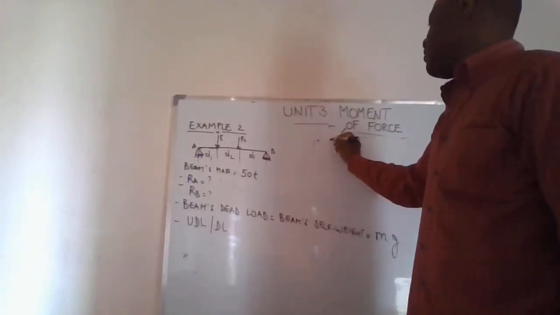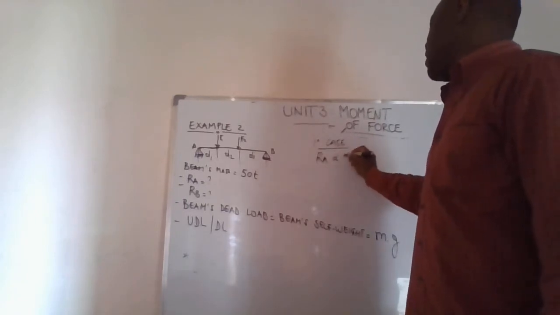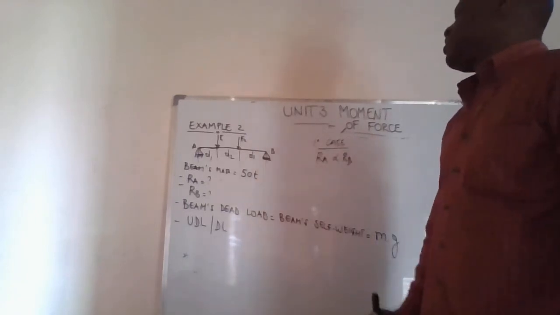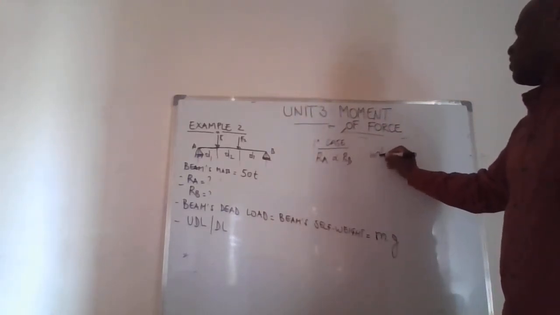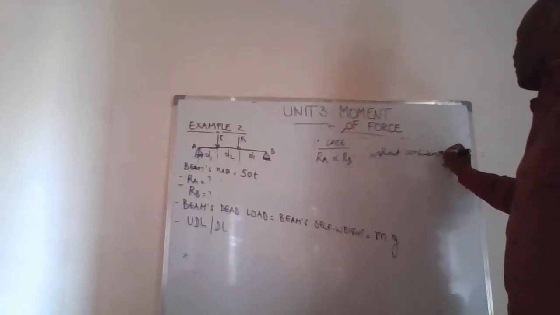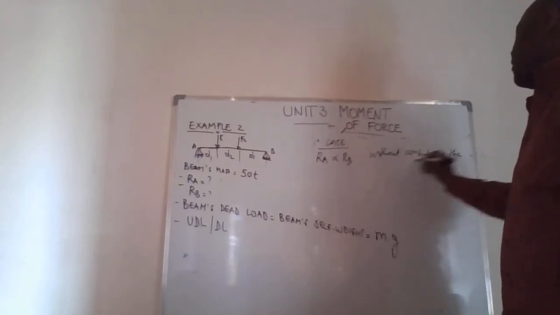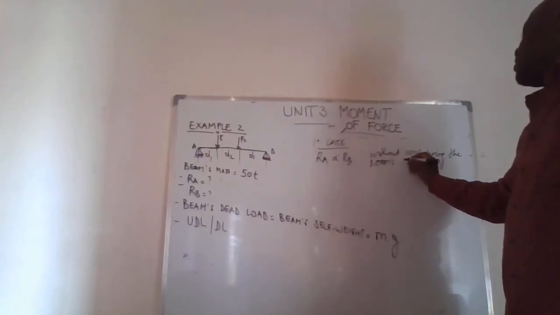Case number 1. Get RA and RB without considering the beam's self-weight.